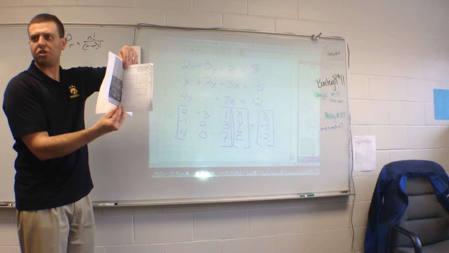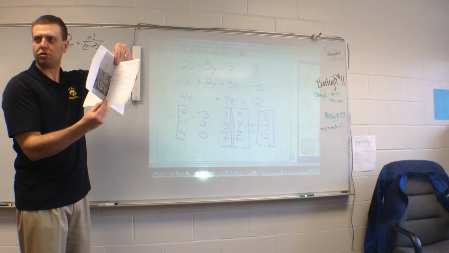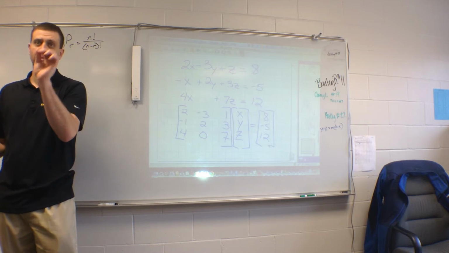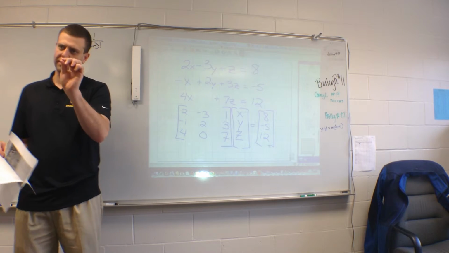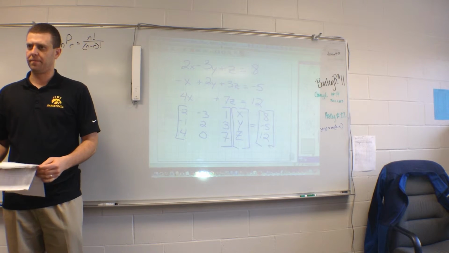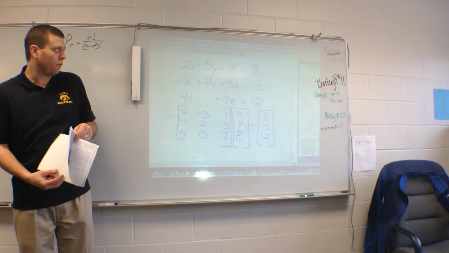So there would not be just one coordinate where those two planes intersect. So you've got to have three planes to be able to find one coordinate of intersection, or one point that would satisfy all three.